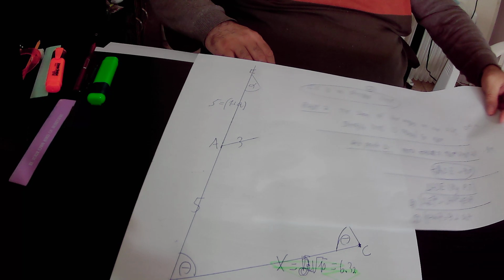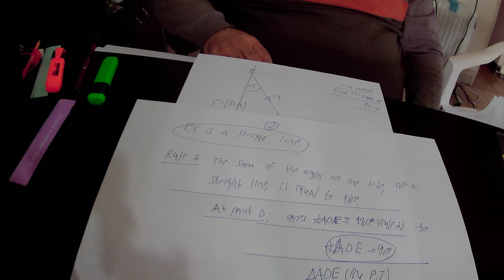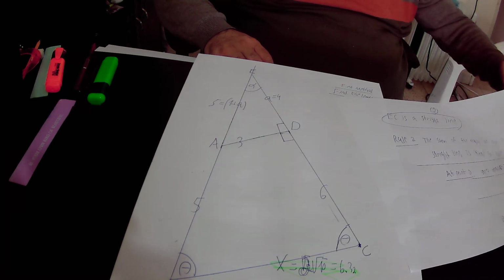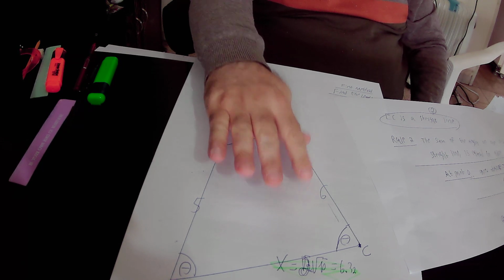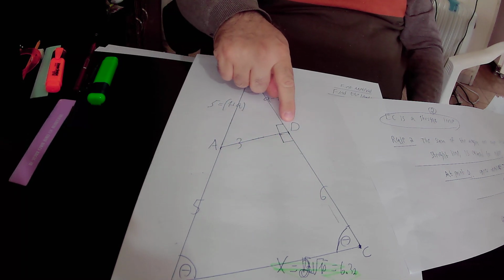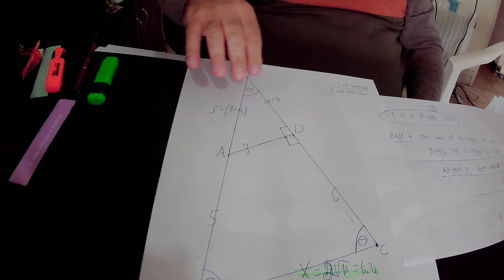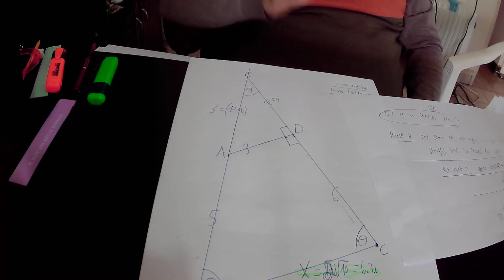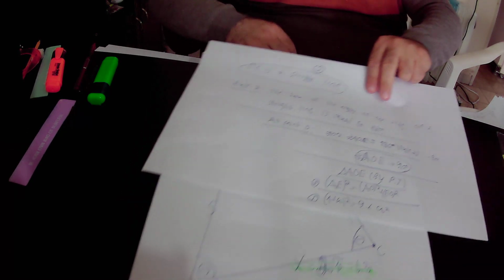Okay, and we have rule number 2 that states that the sum of the angles on one side of a straight line is equal to 180 degrees. So here, according to rule number 2, if you focus on this side of the straight line EC at point D, the sum of the angles at this side must be equal to 180 degrees.